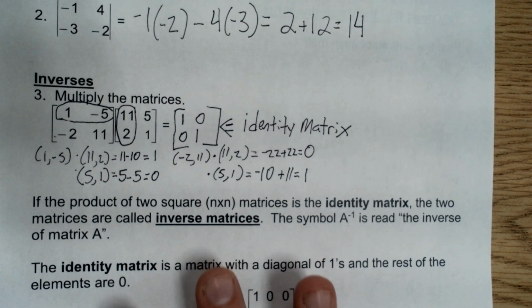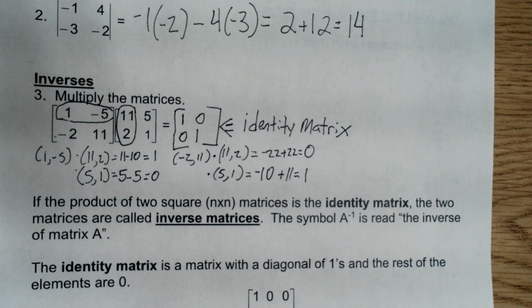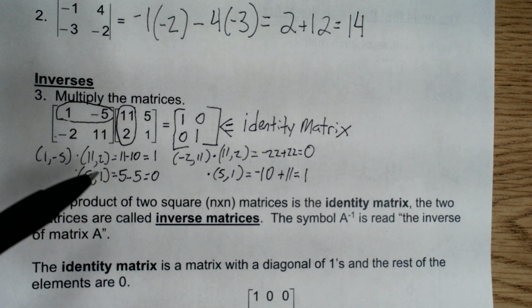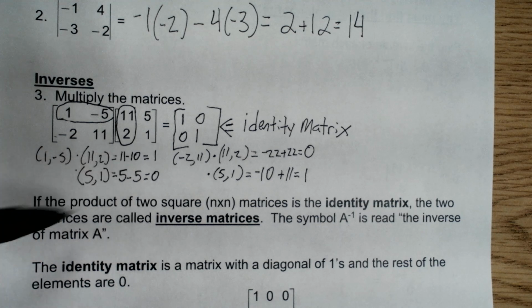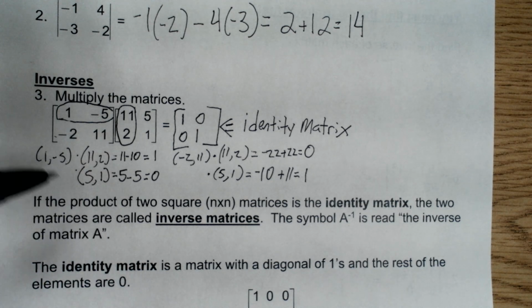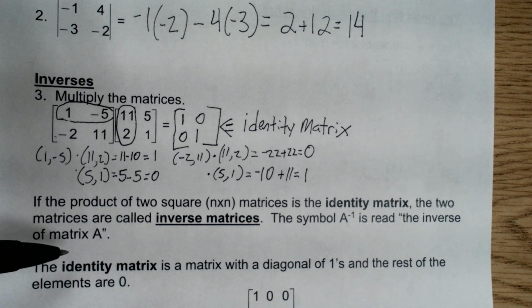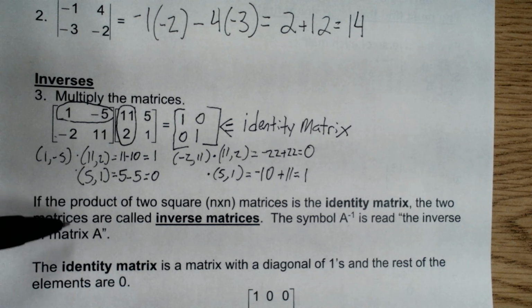If you've got the product of two square matrices, in other words, the same rows by columns, and you multiply those two together and get something like this, then these are inverse matrices. They're basically the exact opposite, or the inverse of each other.